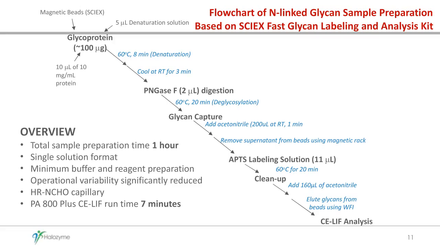So we have our glycoprotein, where we add our beads, denature in solution at 60 degrees for 8 minutes. We cool down, and then we have our deglycosylation with our enzyme at 60 degrees for 20 minutes.